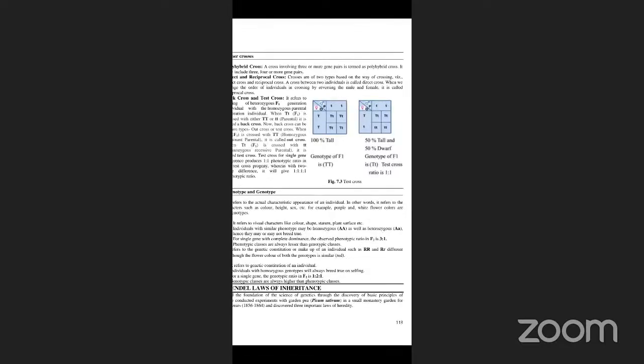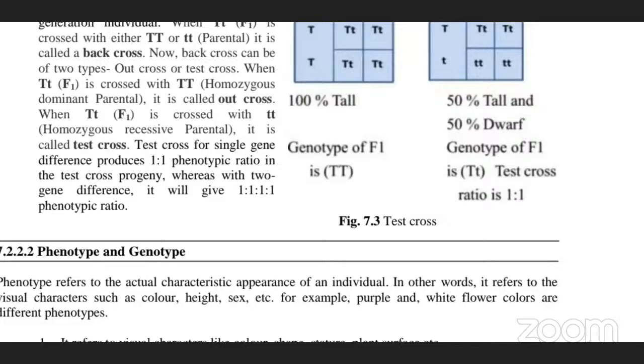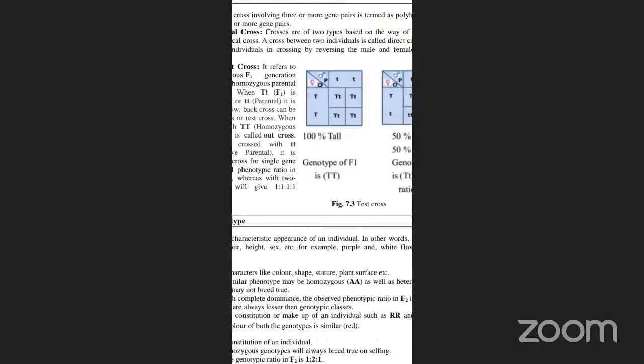Here you can see capital T combines with small t in two individuals, and small t combines with the other small t. So we will get a 1:1 ratio. If four individuals are generated, two will have the heterozygous genotype and two will have the homozygous recessive genotype. Is it clear?